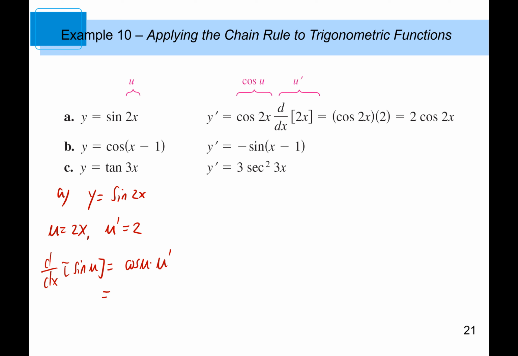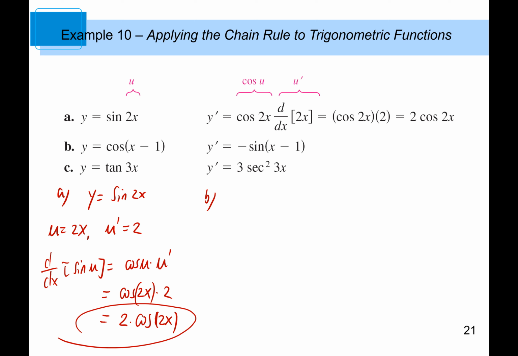And replace u and u prime with the given, so we get cosine 2x times 2. So basically just write 2 first, so 2 times cosine 2x. Okay, so that's your final answer.